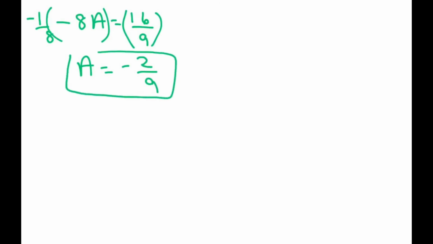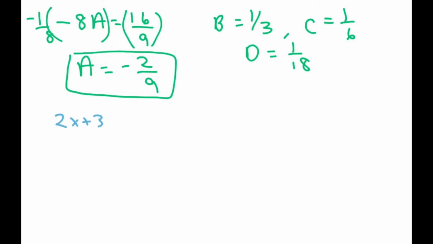All right, so let's write all this down. A is negative 2/9. Our B was 1/3. Our C was 1/6. And our D was 1/18. All right, now let's plug it all in. So we have 2x plus 3 divided by x to the 4th minus 9x squared.